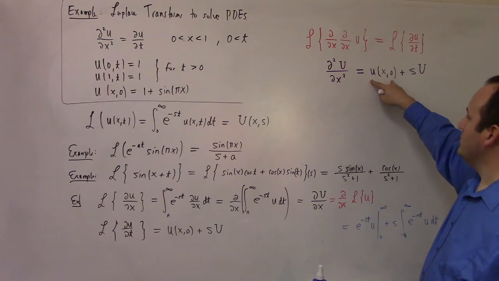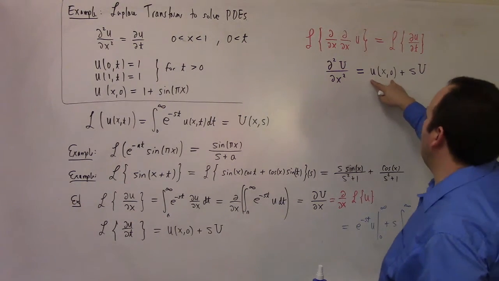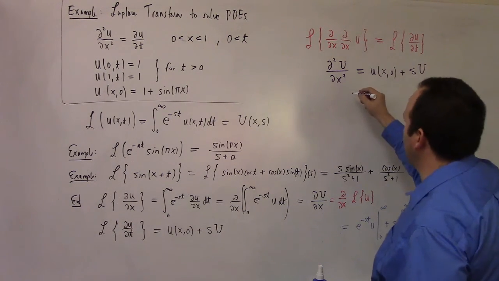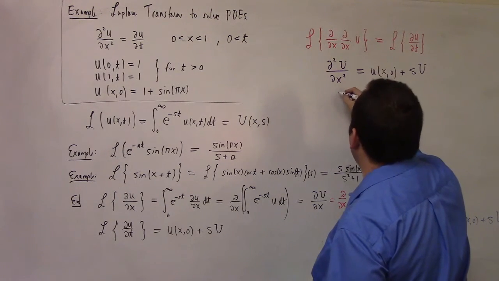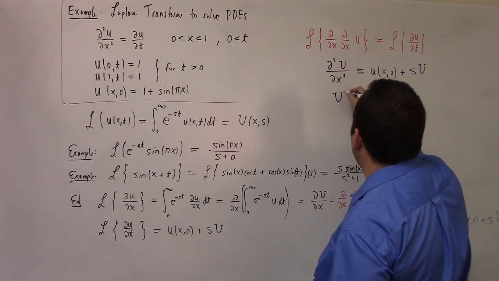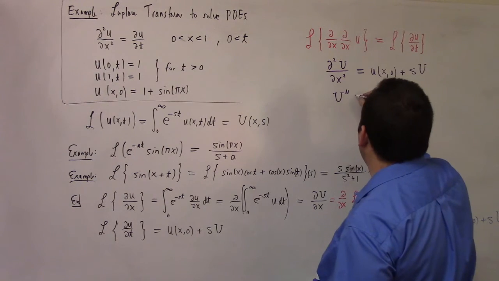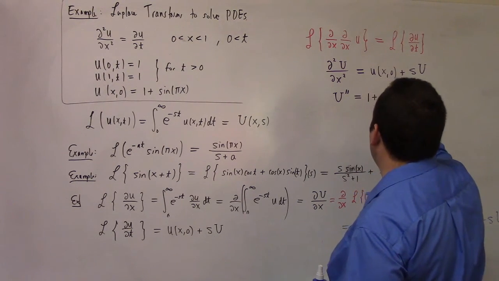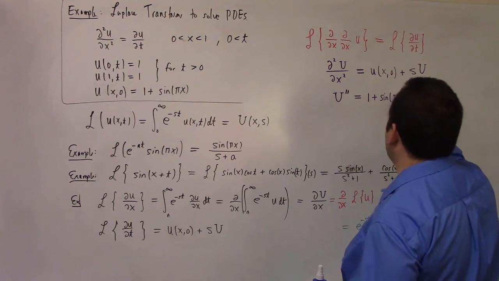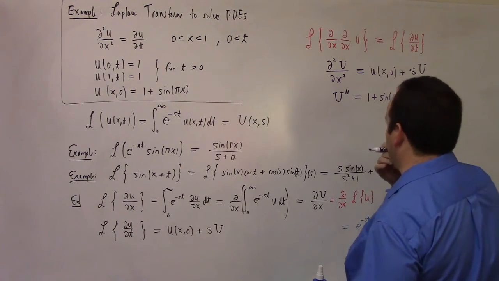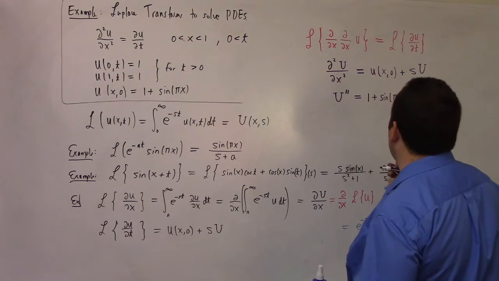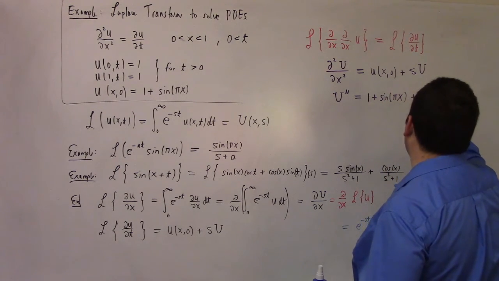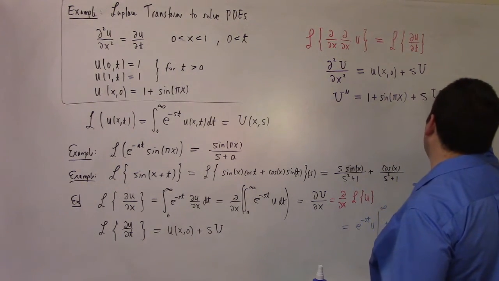That is what we define it as, 1 plus sine of pi x. So we can rewrite this as u prime prime equals 1 plus the sine, with the understanding that the prime indicates an x partial derivative. There's some danger in that notation, of course, but anyway, plus s times u.